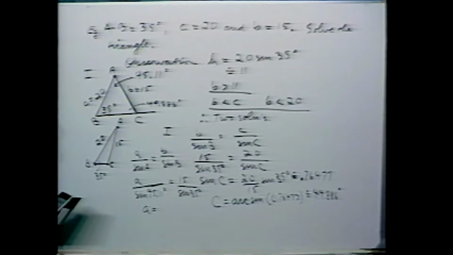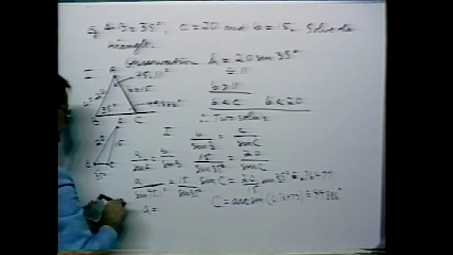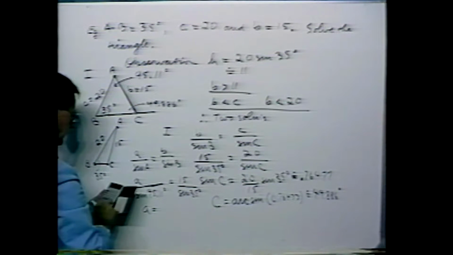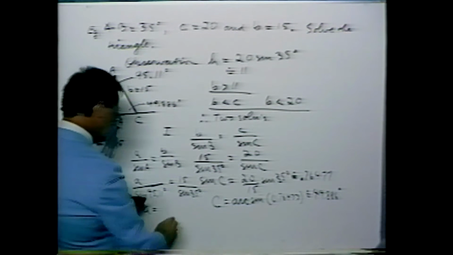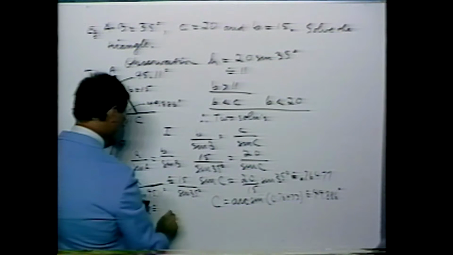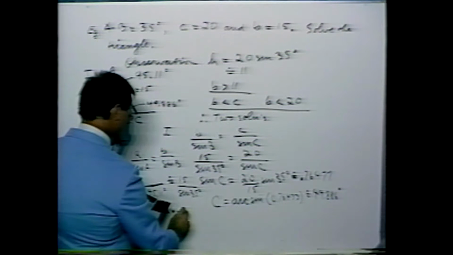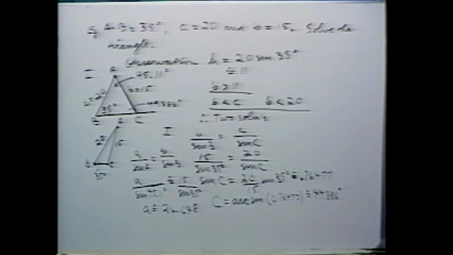Taking the sine of 95.11 is equal to 0.996 approximately. Multiply it by 15 and divide by the sine of 35. And the answer is approximately equal to 26.048. And that triangle is now solved for.